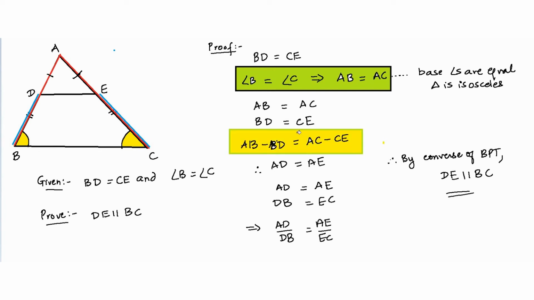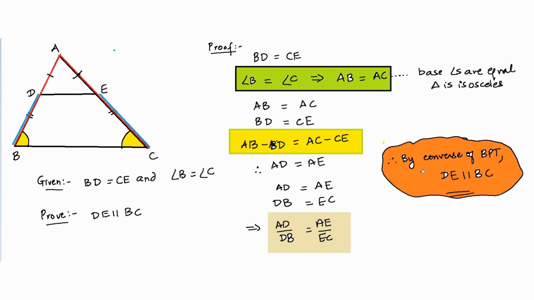That's another idea that I used here. And then of course, if two quantities are equal, then the ratios should also be equal. That is the third idea that I used in this particular question. And then of course, converse of BPT helped me prove the given problem, right? So this is how I solved this particular question. Let me again pause for a minute before I move on to the next one.